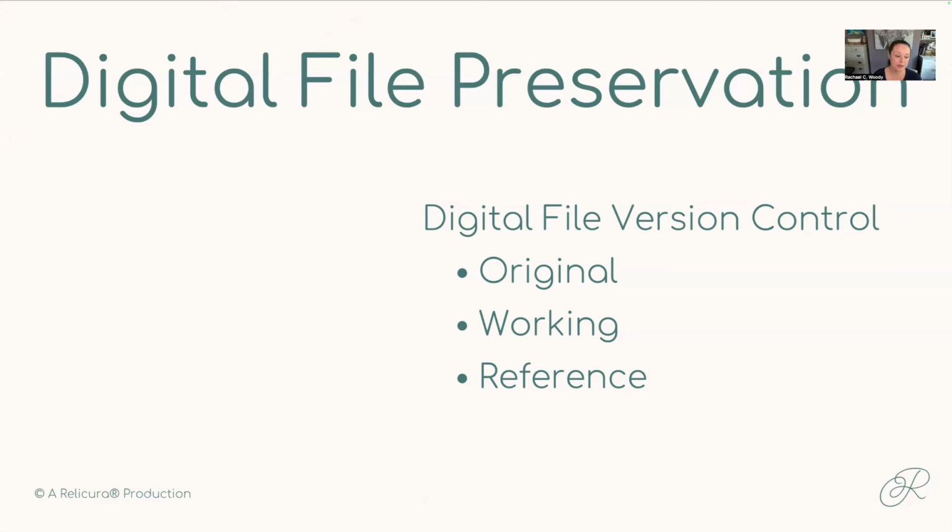This particular file is the one that we're going to open. It's the one that we're going to edit if we want to edit it for some reason. It's the one that we're going to send off to have reproductions made, what have you. That's the one that's going to be the main access copy for our work. And then depending on what type of institution you are a part of, there may be a concept of a reference file.